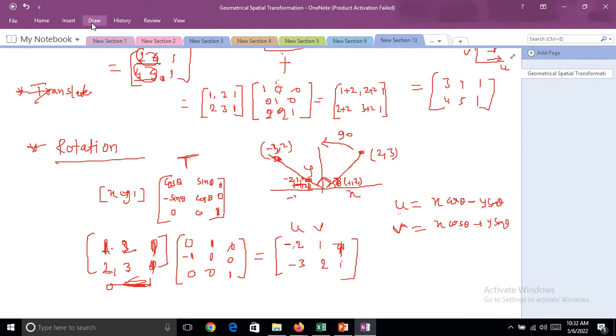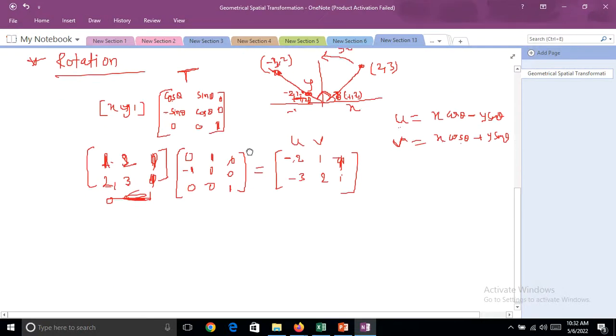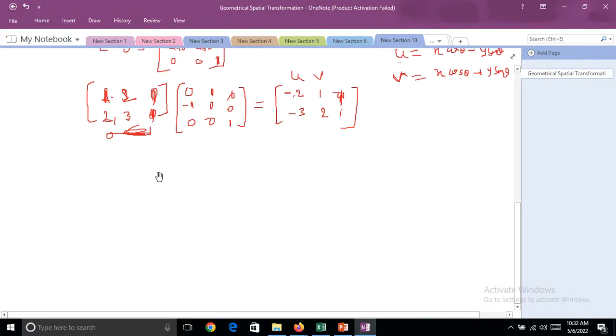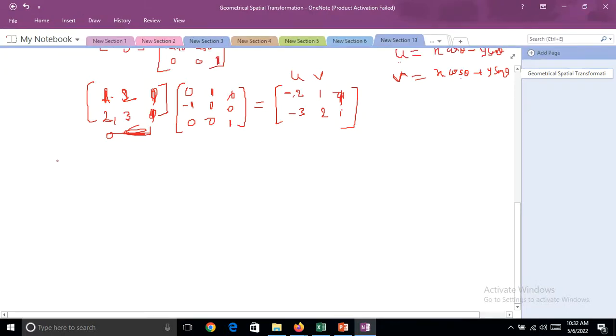The next operation is called shear operation. The shear operation is, let us say you have a piece of rubber and we want to rotate it vertically like this. After rotating this, the thickness will reduce because some part went inside.